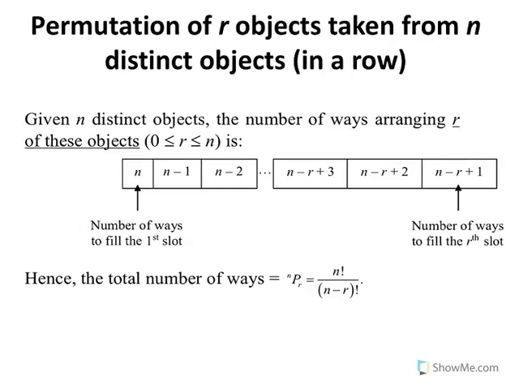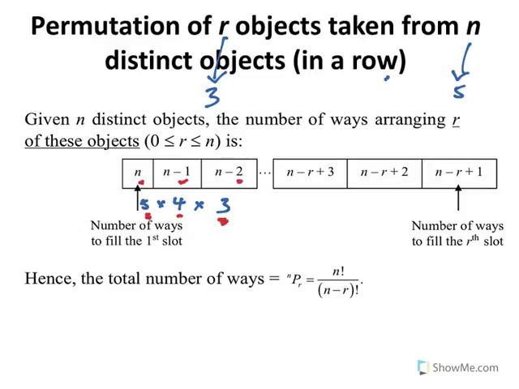So you can see that if I have 5 objects but I permute 3, the outcome is actually 5 times 4 times 3, am I right? Notice the first slot is n, the next is n minus 1, then n minus 2.